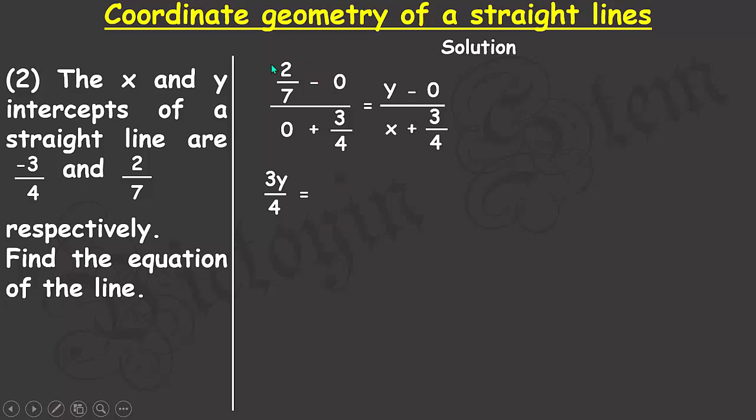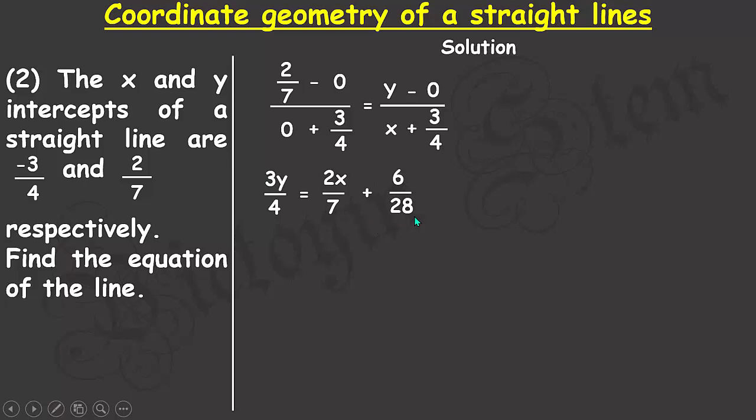For the right hand side, 2 divided by 7 times x is 2x divided by 7. 2 divided by 7 times plus 3 over 4 is plus 6 over 28. 0 times the denominator of the right hand side of the fraction is equal to 0. So that is the denominator of the left hand side multiplied by the numerator of the right hand side gave me the left hand side of this equation, and the numerator of the left hand side multiplied by the denominator of the right hand side gave me the right hand side of this equation.